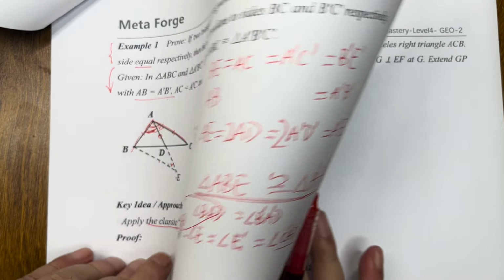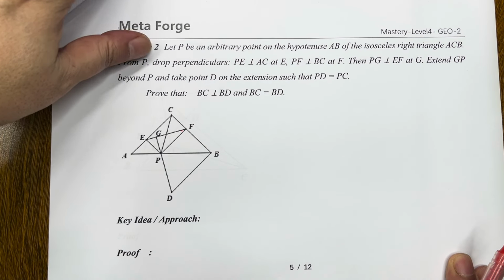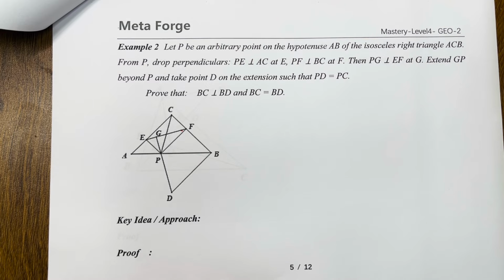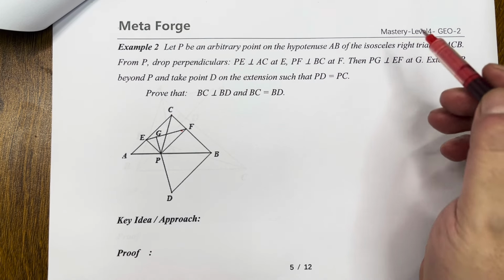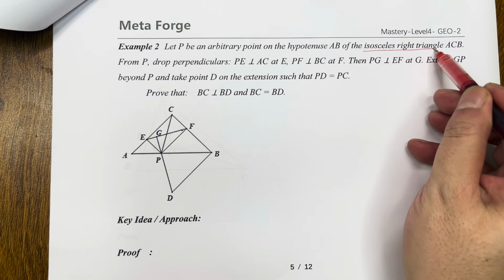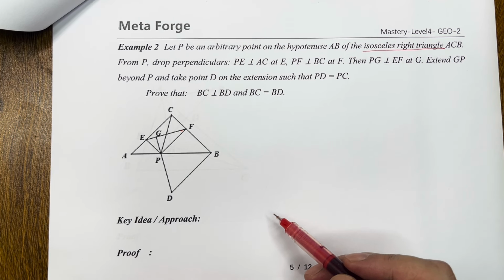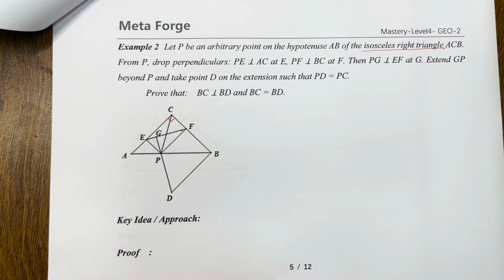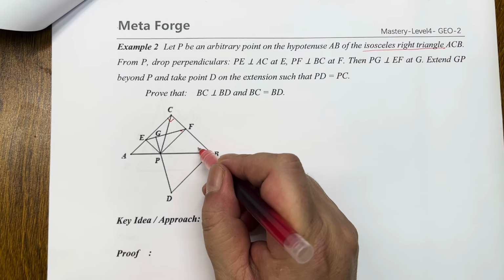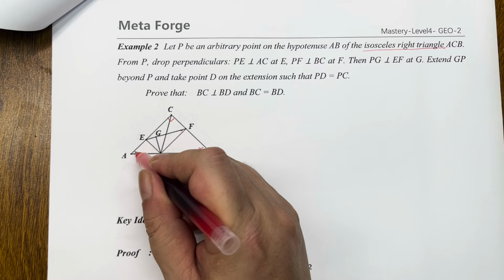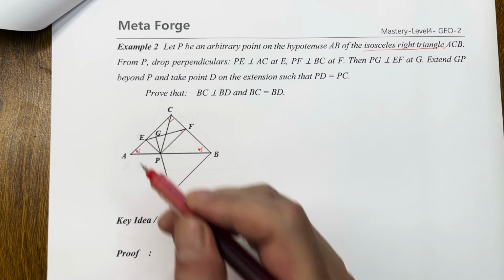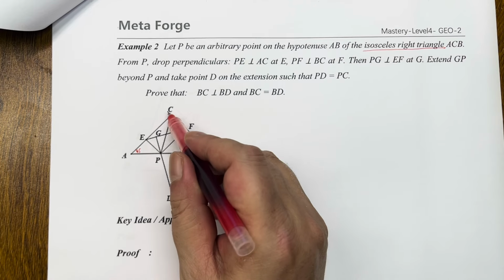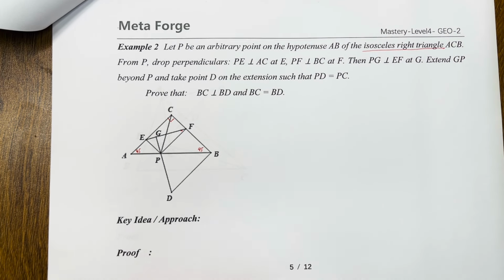Okay, let's go to example 2. Beautiful figure. It is a right isosceles triangle, 90 degrees, 45, and AC equals CB.